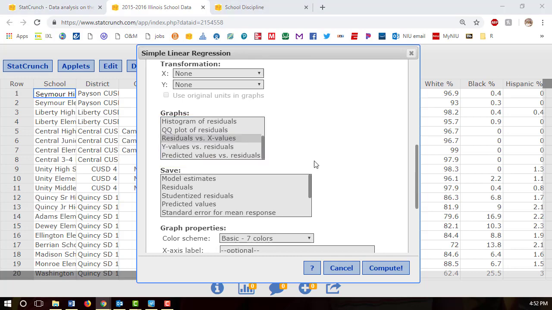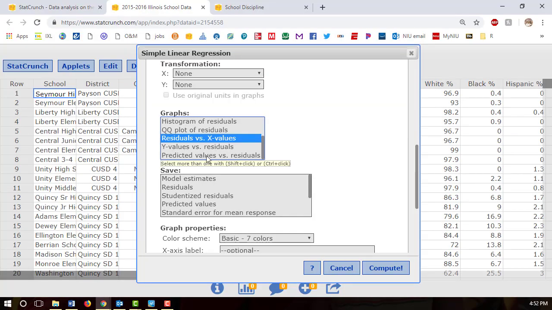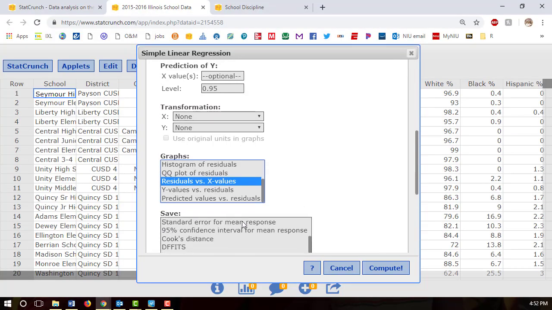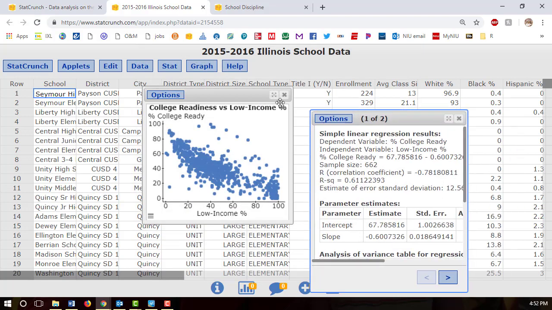Oh, and I think there was a predicted we want in there too, right? Westinghouse High School in Chicago, 83.1% of its students qualify as low income. Calculate the residual. So we have the actual, 53.5% are college ready. So we need to get the predicted Y. So we said 83.1. All right, so let's hit compute.